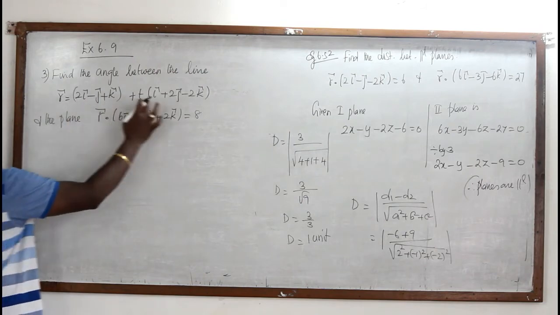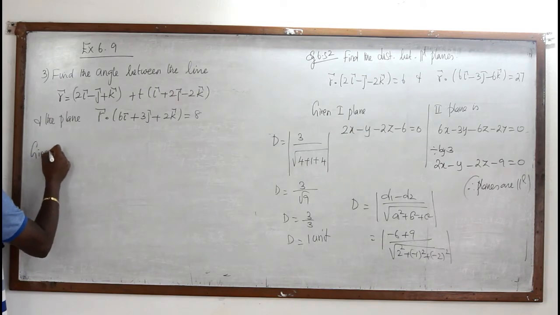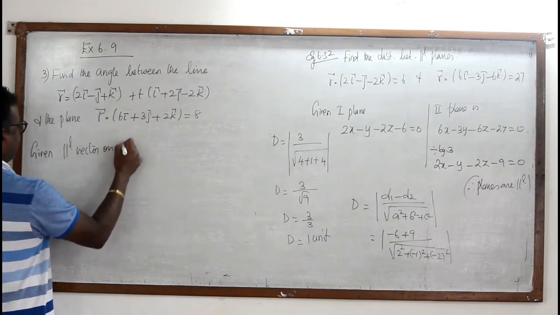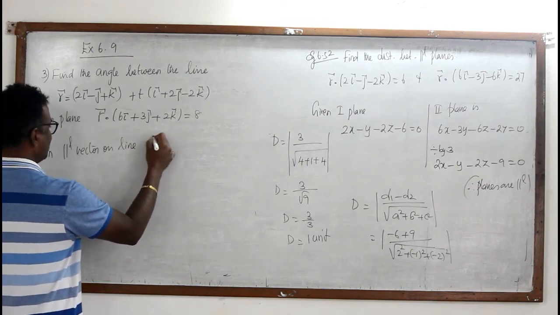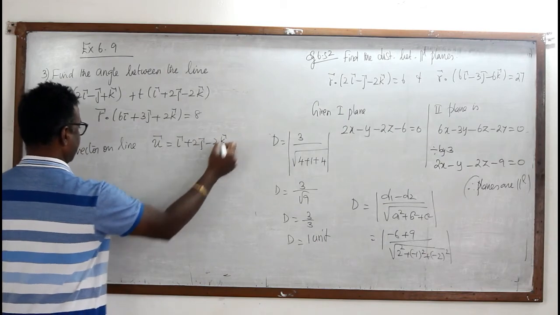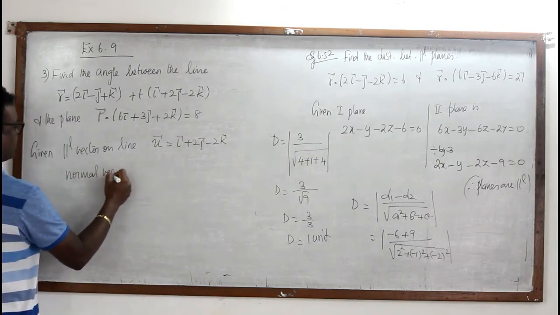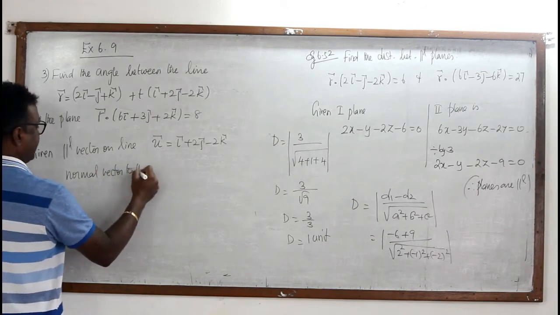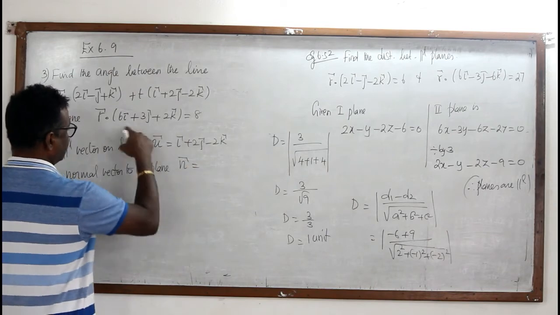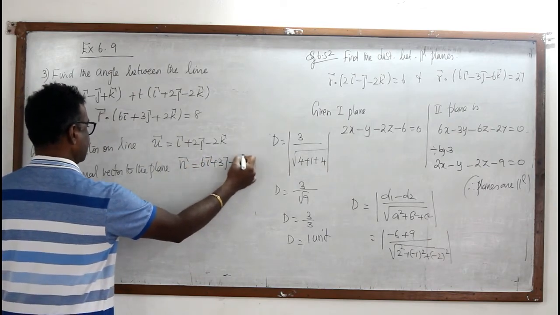So, vector on the line is this one, vector on the plane is this one, and we used to denote the parallel vector on the line as u vector, that is i plus 2j minus 2k, and normal vector to the plane as n vector, that is 6i plus 3j plus 2k.